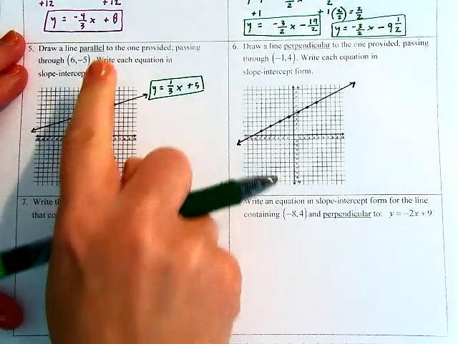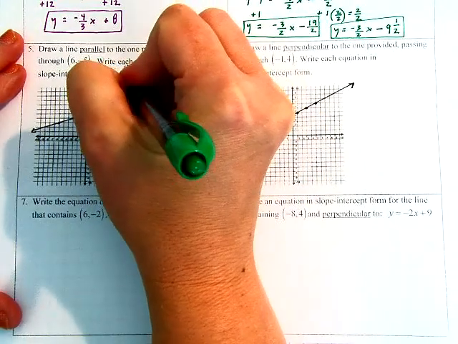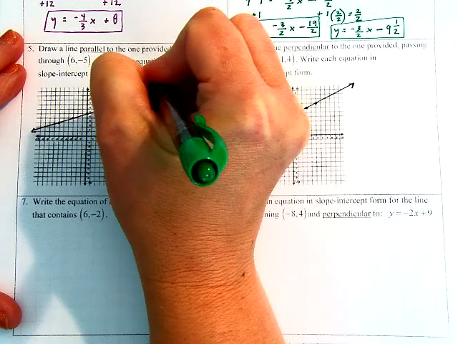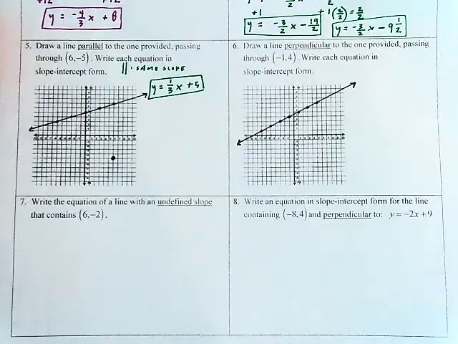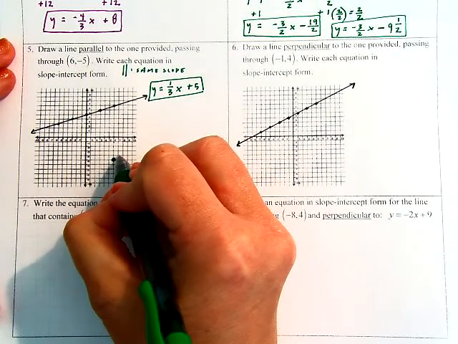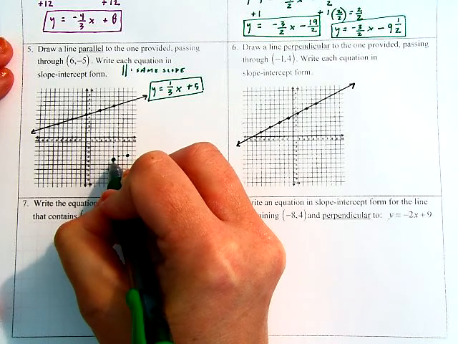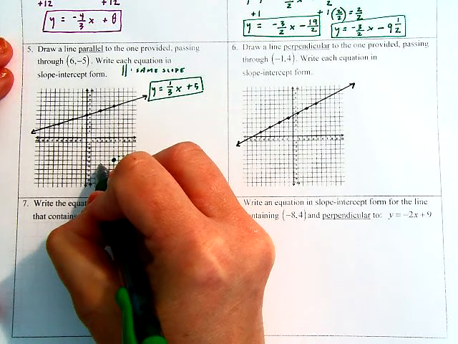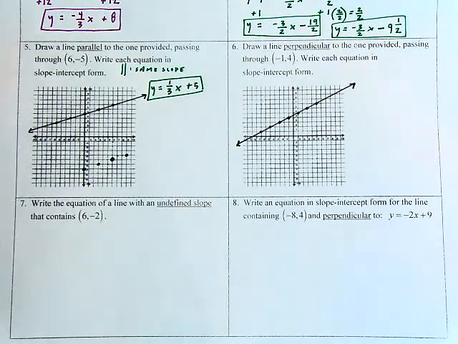And since I'm looking at parallel, that means I'm looking at the same slope. So parallel means same slope. So my slope for this second one has to be also 1/3. So I want to go up 1 and right 3. I can also go in the opposite direction, down 1, left 3. And that actually showed me where it crosses the y-axis.